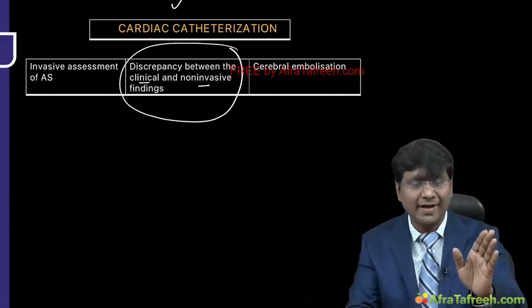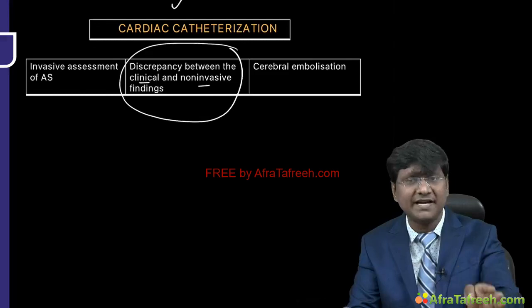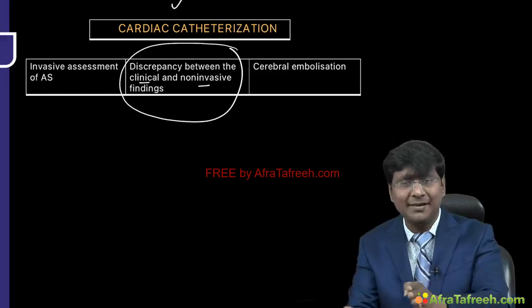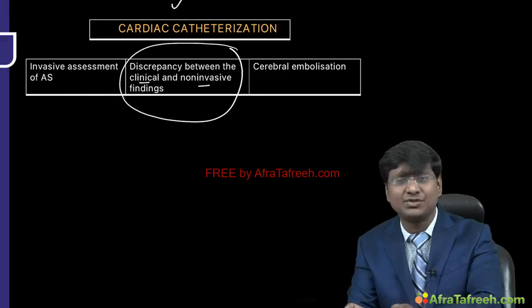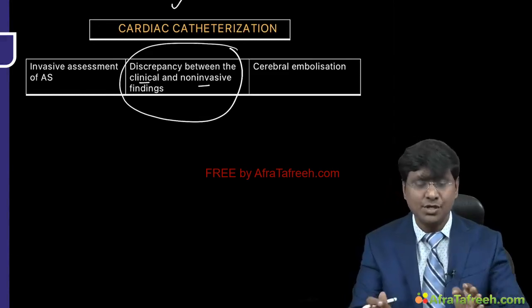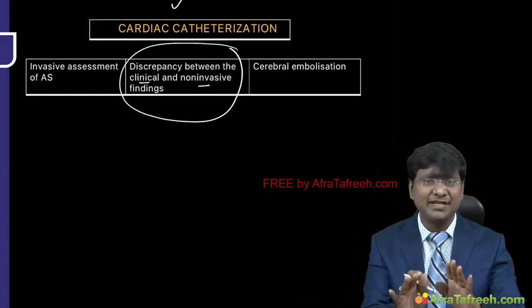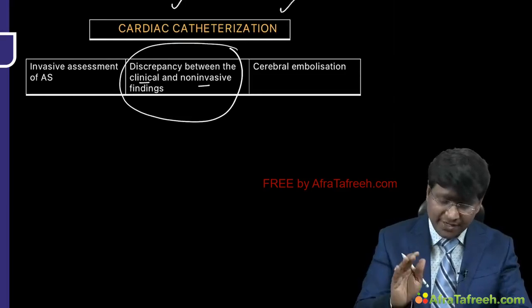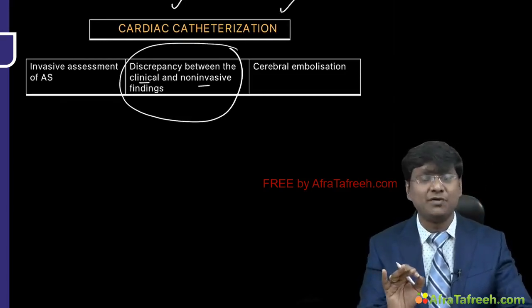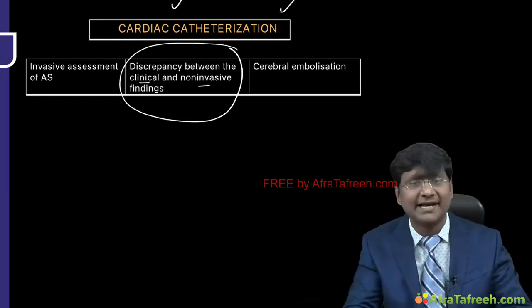Okay, so you have clinically severe aortic stenosis, and your non-invasive investigations are showing mild aortic stenosis. If there is a discrepancy between these two, that is the only point when we do this invasive assessment of the aortic stenosis, that is cardiac catheterization.